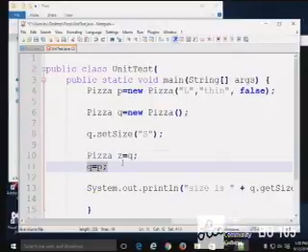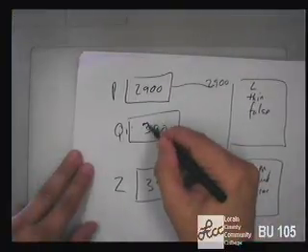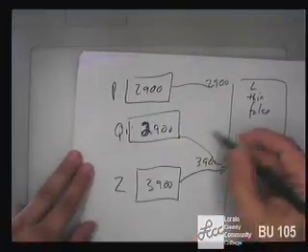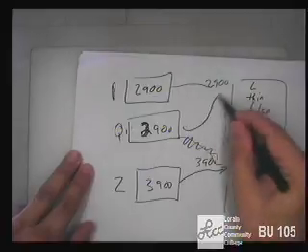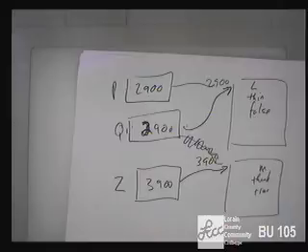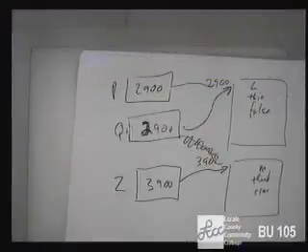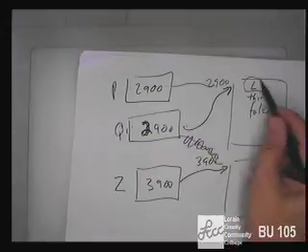Now I say Q equals P. Well, Q is now going to point to this pizza, just like it did before. So if I ask what the size of Q is, it's going to tell me it's large.